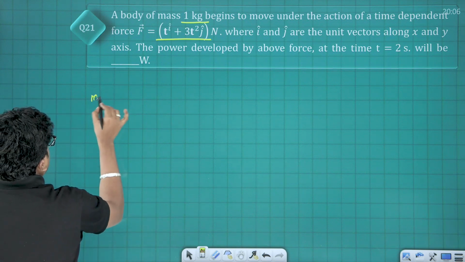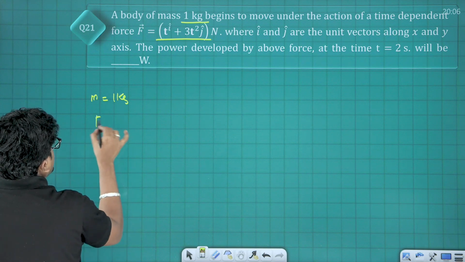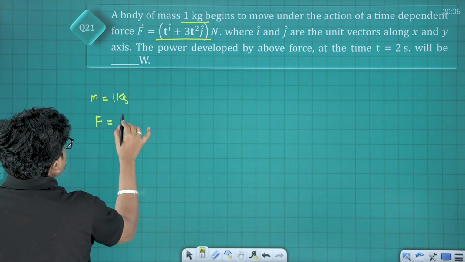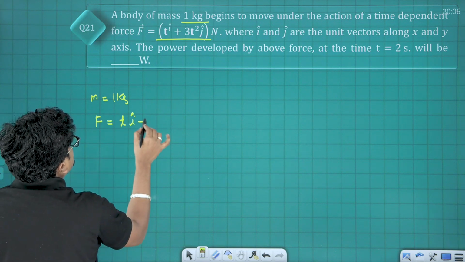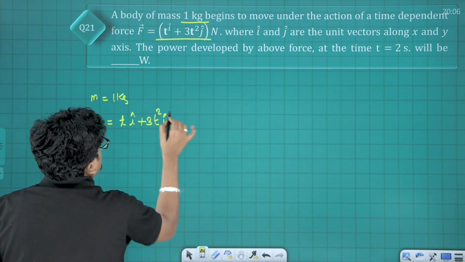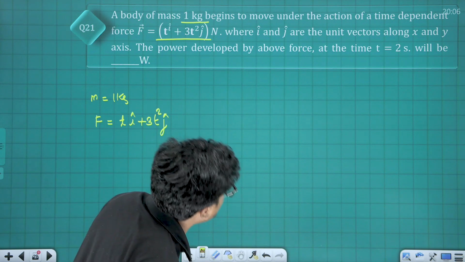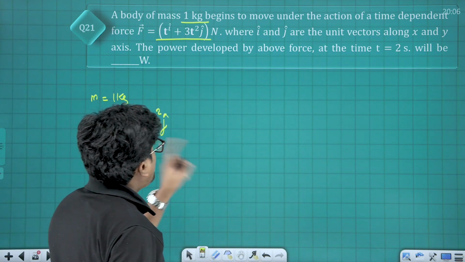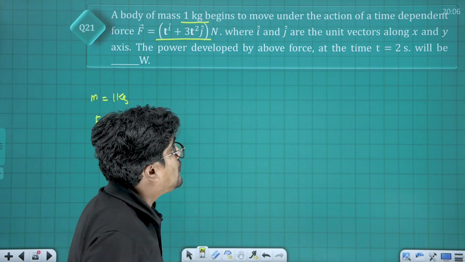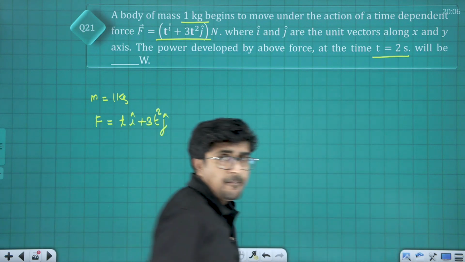So the mass of the body is 1 kg and the force acting is t i cap plus 3 times t square j cap, where i and j are unit vectors along x and y axis. Now the power delivered by the above force at any time t equal to 2 seconds is.